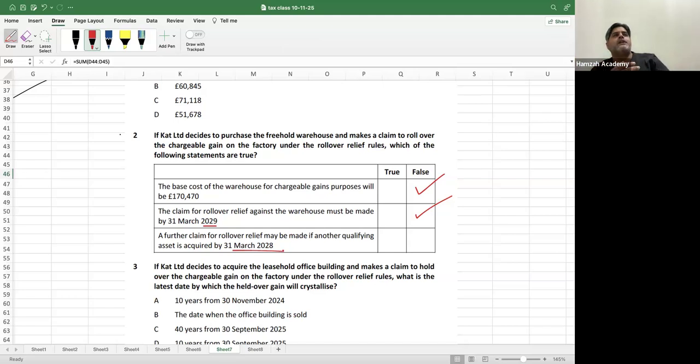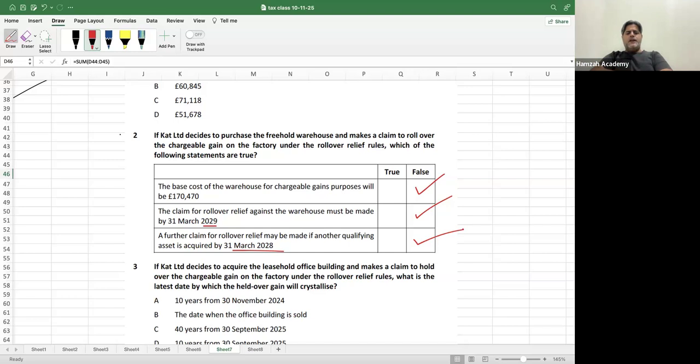So the 3 years are going to end on, it has been sold on 30th November 2024. So 25, 26, 27. It has to be 27 November over here, not March. So this statement is wrong as well, right? So all three statements are going to be wrong over here.